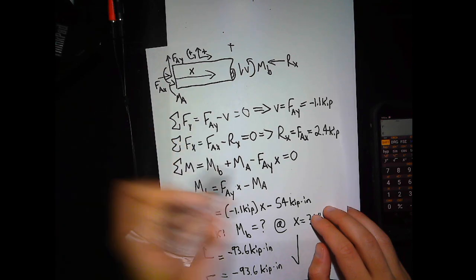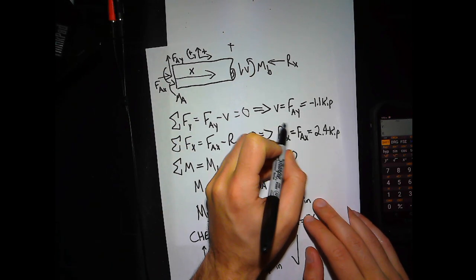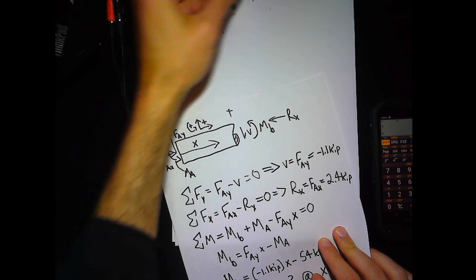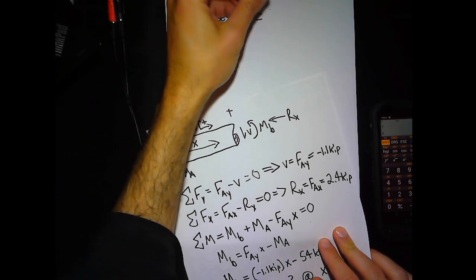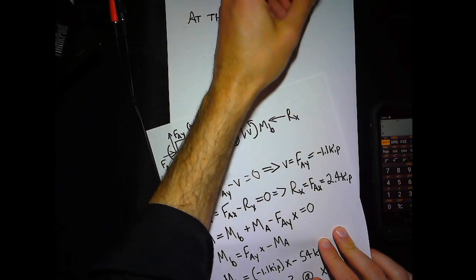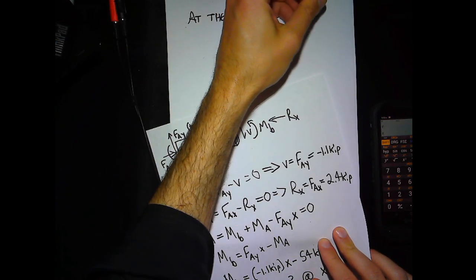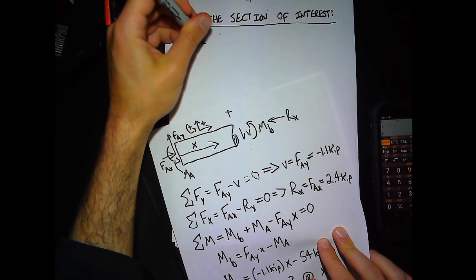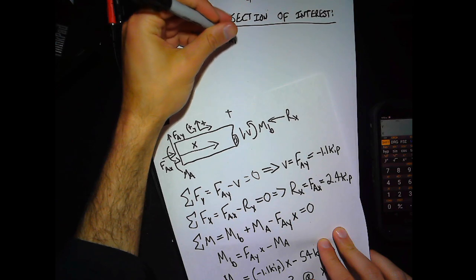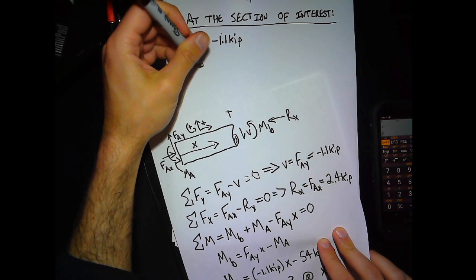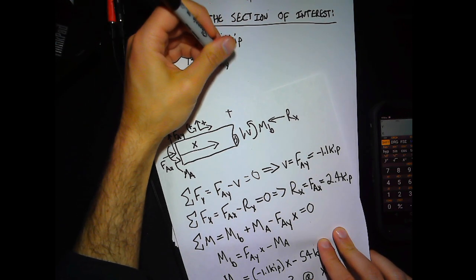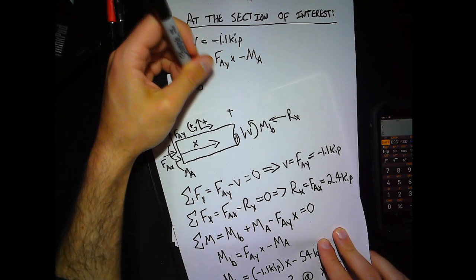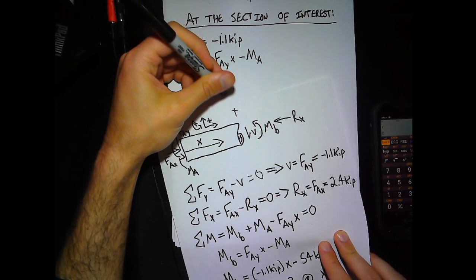So my shear force is not going to change at the section of interest, the one that was blue originally. Shear force is negative 1.1 kip. Bending moment is F_AY times x minus M_A.